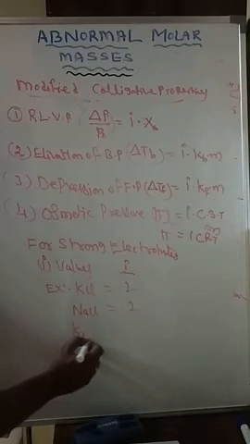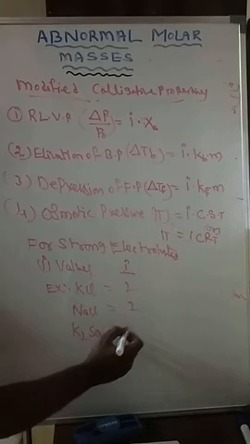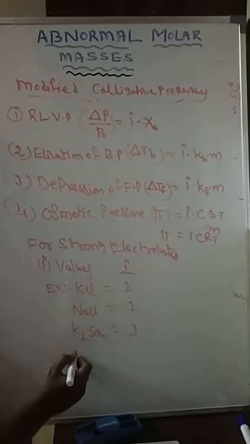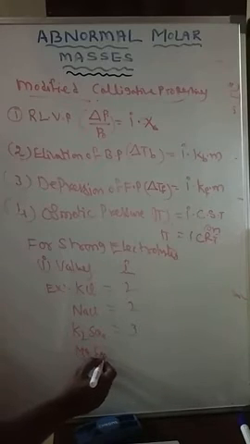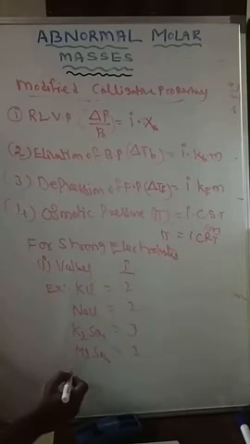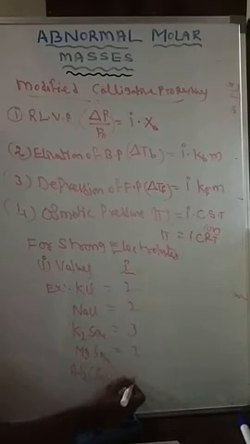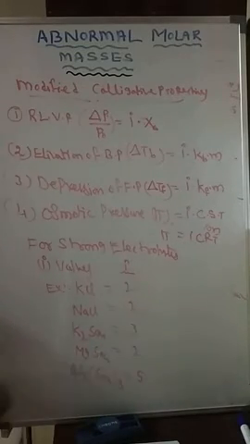Whereas K2SO4, the i value is 3. MgSO4, the i value is 2. Whereas Al2(SO4)3, the i value is 5.